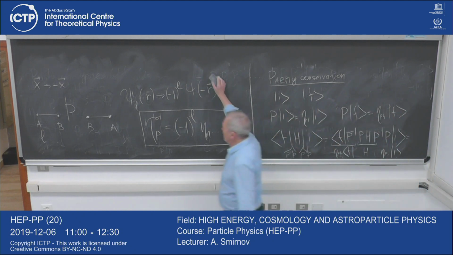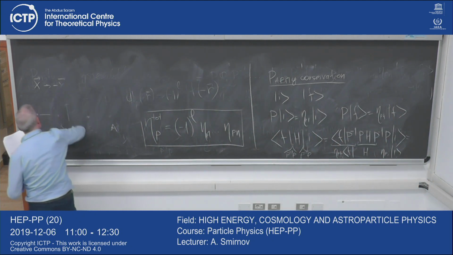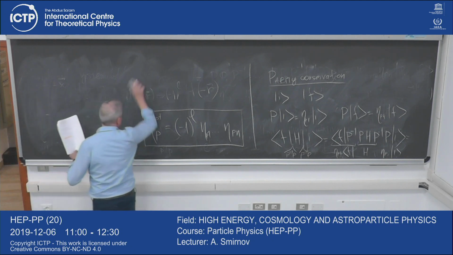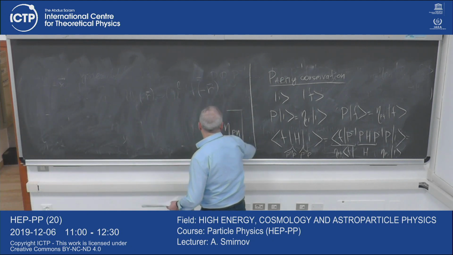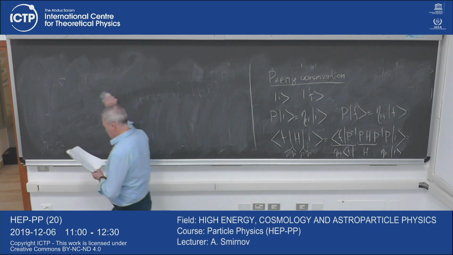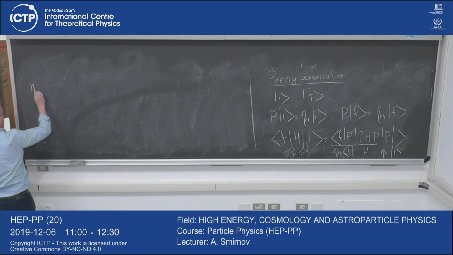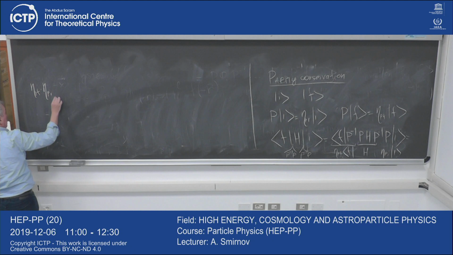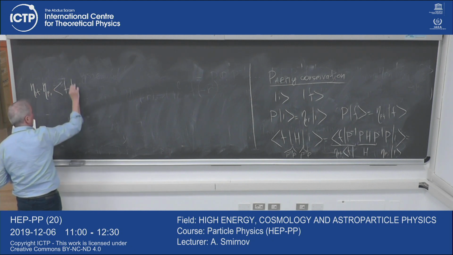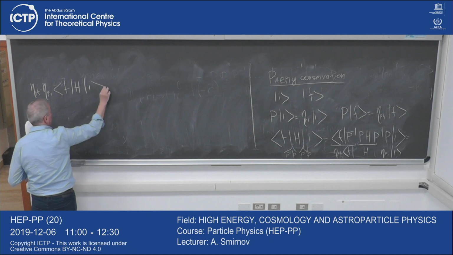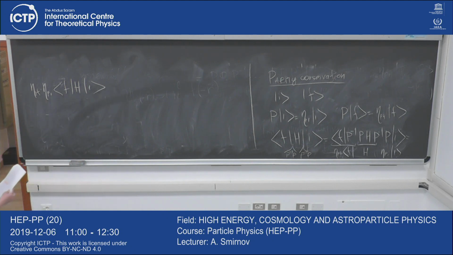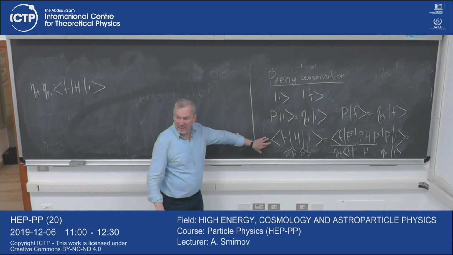So then what we will get finally is eta final P multiplied by eta now initial, and then final H initial. And therefore to satisfy this equality, because this is what we started with, right?